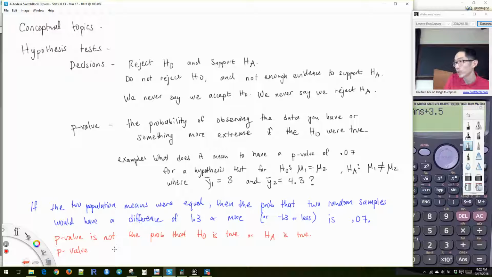It's always the probability of observing your sample if the null hypothesis were true, and the null hypothesis is always a statement about the population.